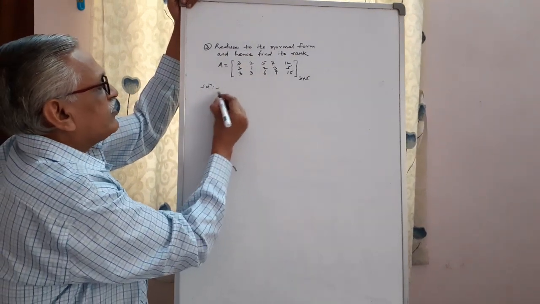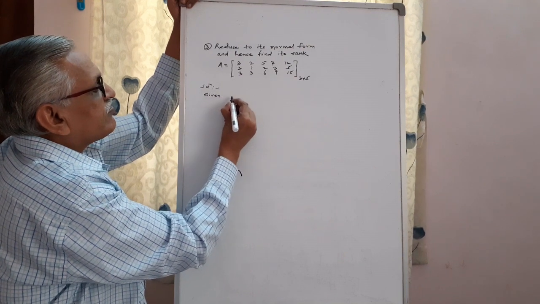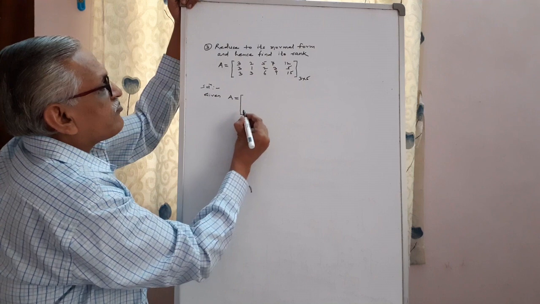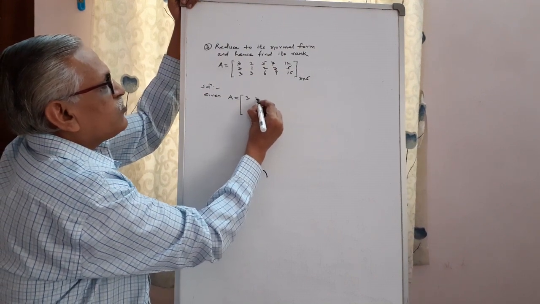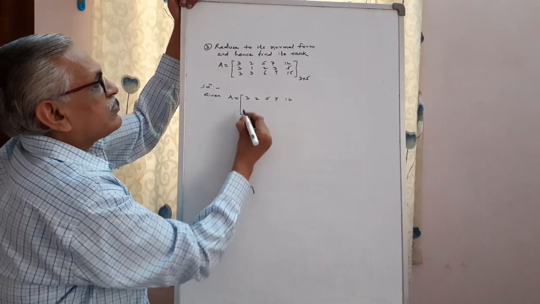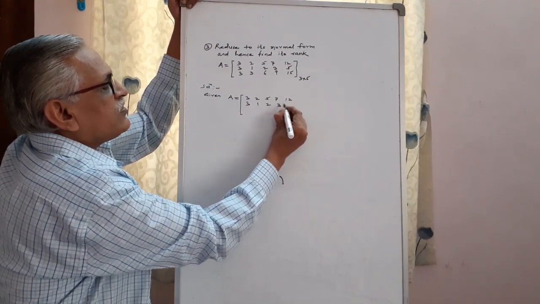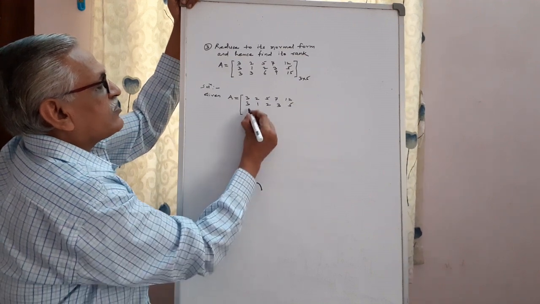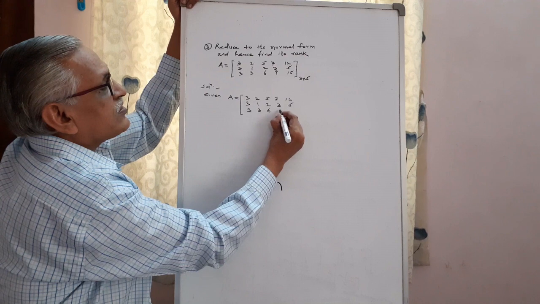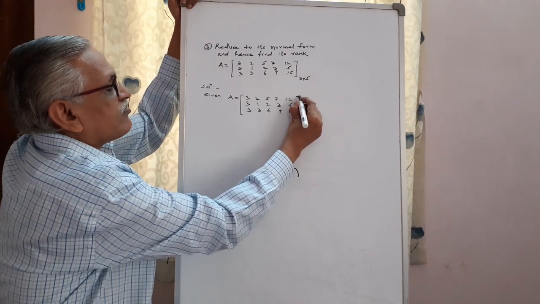Therefore the given matrix is equal to 3 2 5 7 12, 3 1 2 3 5, 3 3 6 9 and 15.